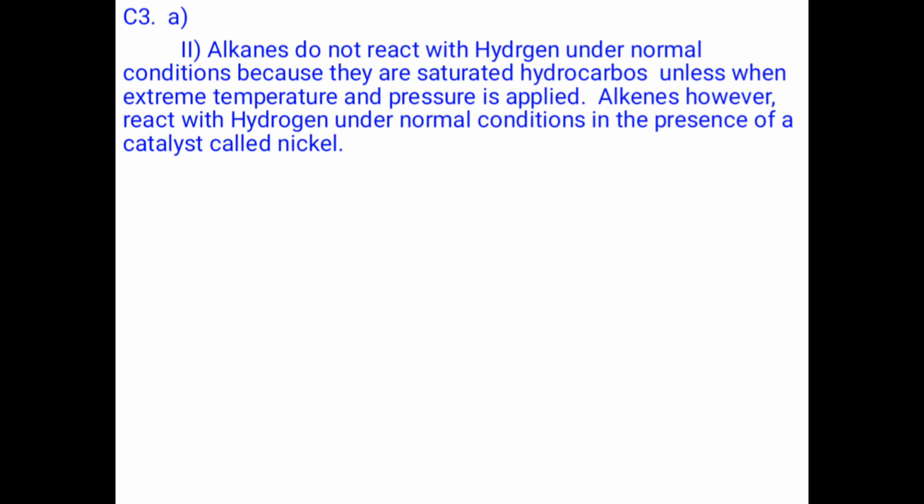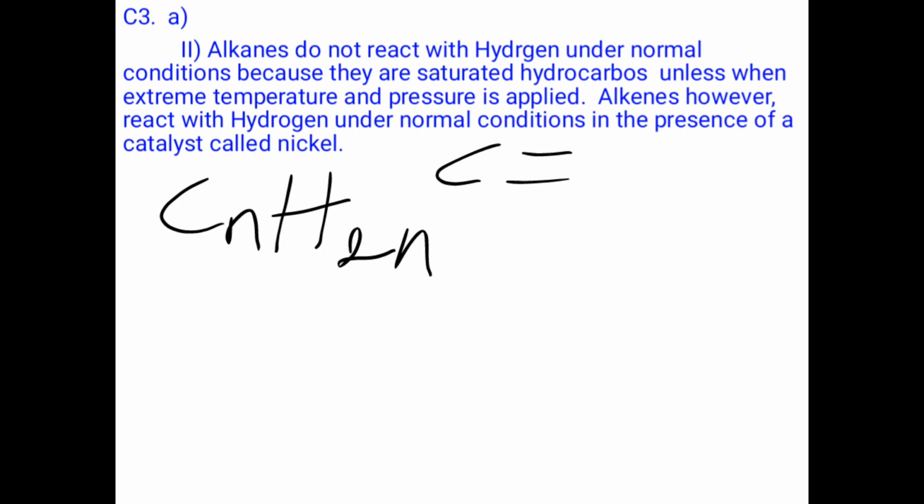Let me explain the reason why alkenes will react with hydrogen. The general molecular formula for the alkenes is CnH2n. Ethene is in the second group of the compounds, meaning it has two carbon atoms, which we use to represent n.